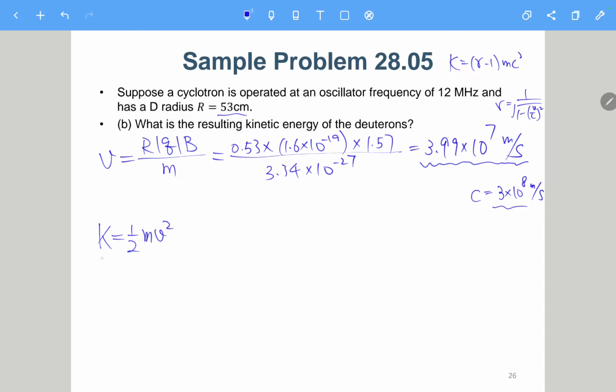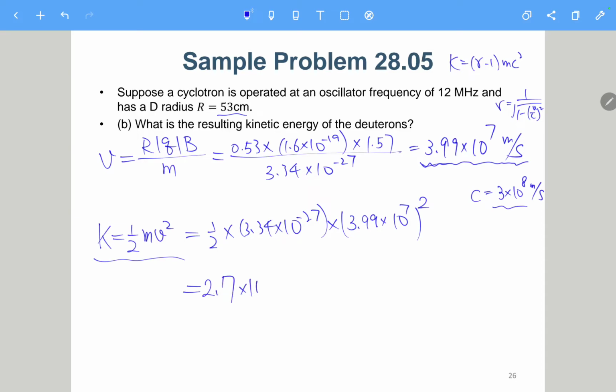So we just use the classical kinetic energy, which is 1/2 times 3.34 times 10 to minus 27 times V, and V is 3.99 times 10 to the 7th power, squared. So finally, it should be 2.7 times 10 to minus 12 joule.